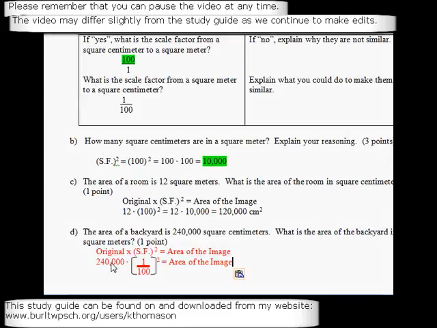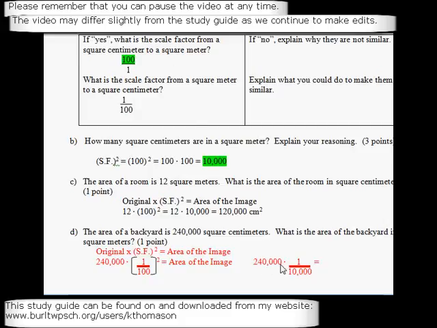Alright, so we have 240,000 times 1 over 100 squared, because that whole scale factor needs to be squared, is going to give you the area of the image. Since 100 squared is 10,000, 1 over 100 squared is going to be 1 over 10,000, because 1 times 1 is 1, and 100 times 100 is 10,000. So this is going to be 1 over 10,000.